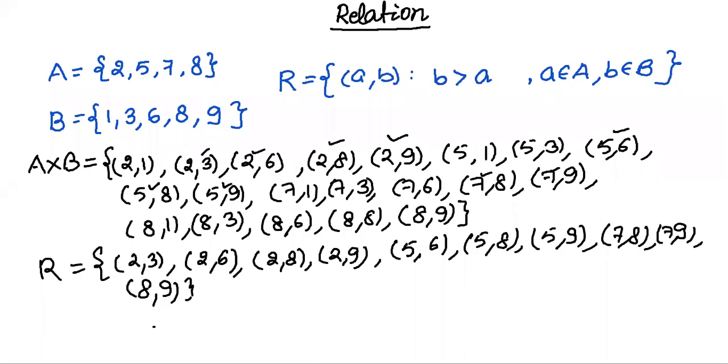Now, the term we will use is called domain. Domain means all first elements of the ordered pairs in R. Here R is given, and this is an ordered pair. (2, 3) is there, so this is the first element; 2 is in the domain.